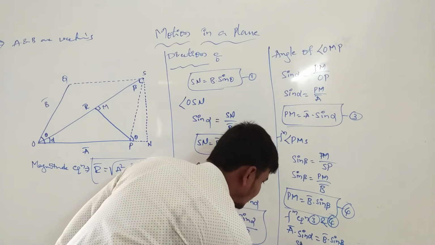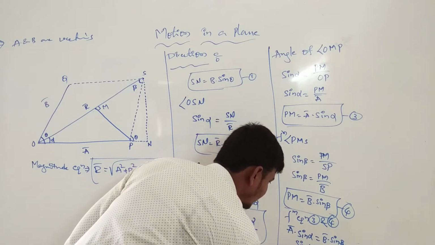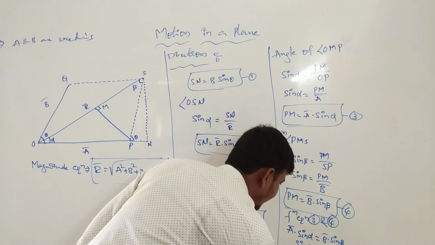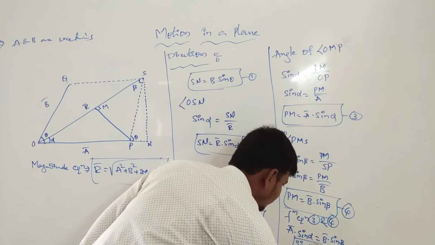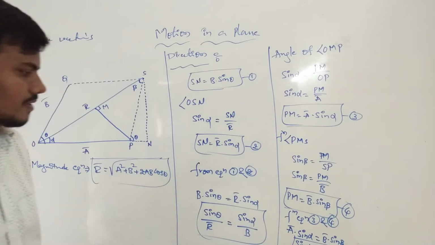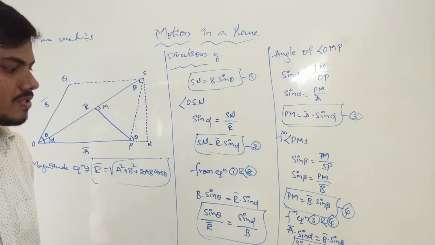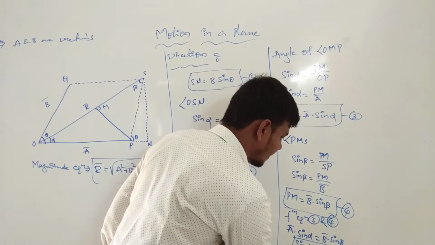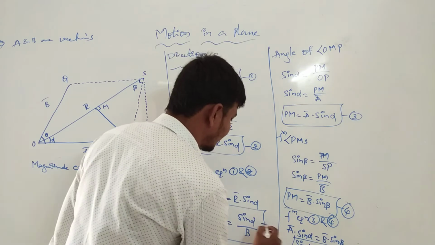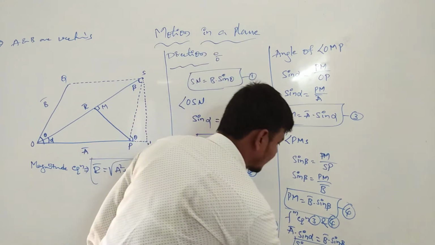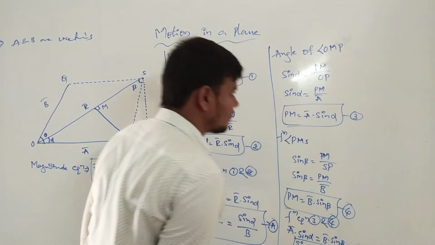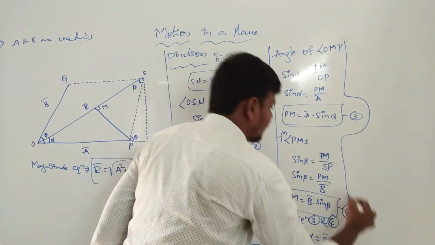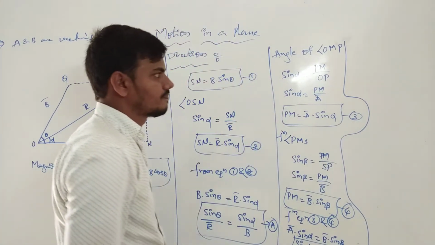Now sin alpha by B bar is equal to sin beta by A bar. This is equation number A. Again we are using equation number B.